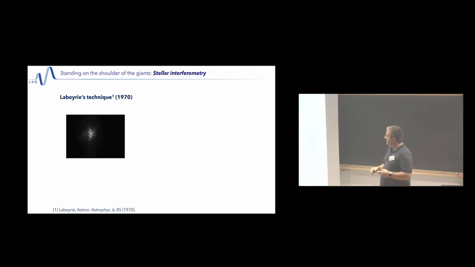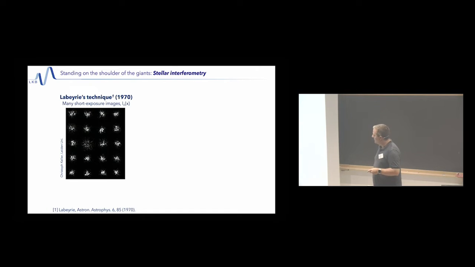I need to point out that we do leverage knowledge not just from acoustics but also astronomy, and this was very much inspired by stellar interferometry. This technique was invented by Antoine Labeyrie, a famous French astronomer, who was looking at stars through the atmosphere and getting a highly fluctuating speckle pattern that he couldn't make sense of.